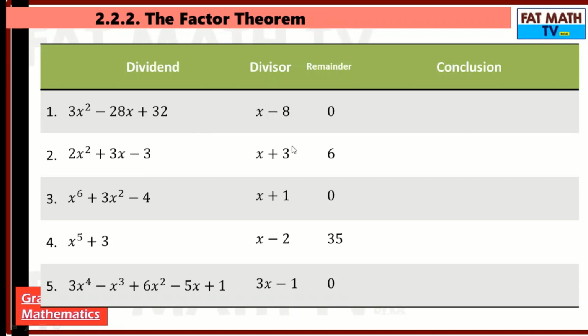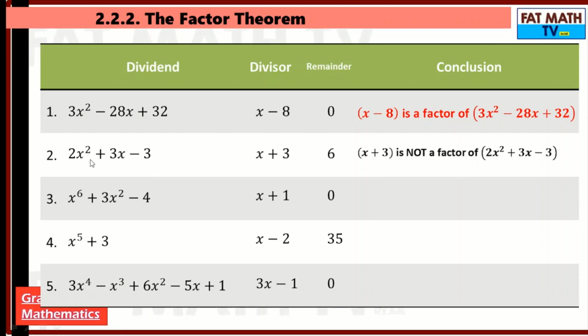Okay, so for the examples that we solved earlier in this video, we have the following. We divided 3x squared minus 28x plus 32 by x minus 8. And we found out that the remainder is 0. So x minus 8 is a factor of the dividend. Here the remainder is 6. So x plus 3 is not a factor of the dividend. Here x plus 1. The remainder is 0, so x plus 1 is a factor of the dividend.